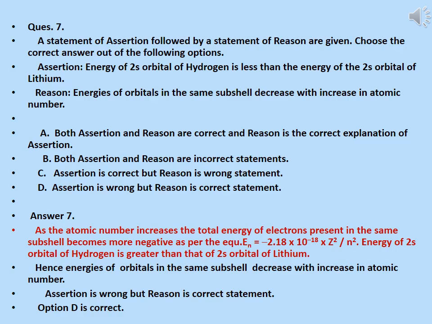What does it mean? If you have a 2s orbital in hydrogen, and you have the same 2s orbital in lithium, then the energy of the 2s orbital of hydrogen is more than the energy of the 2s orbital of lithium or beryllium, because they have higher atomic number.